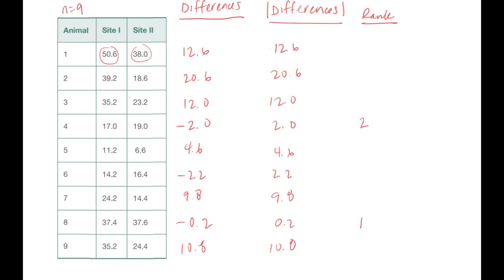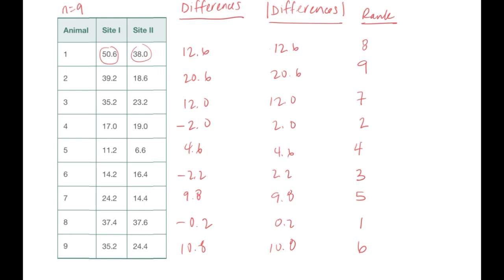And the next largest is the 2.2, so that's rank 3. And we just keep working our way up. Let's see, I guess the next one is here at 4.6. And then here, 7, 8, 9. So there's my ranks 1 through 9.